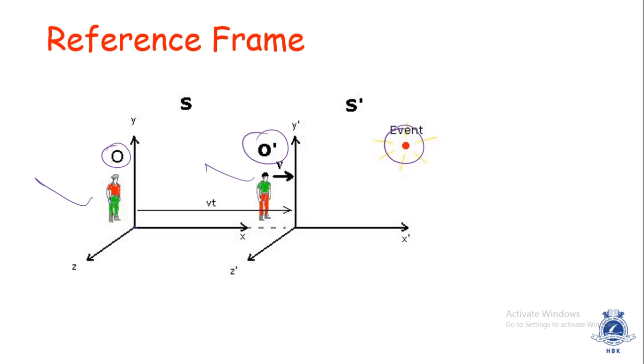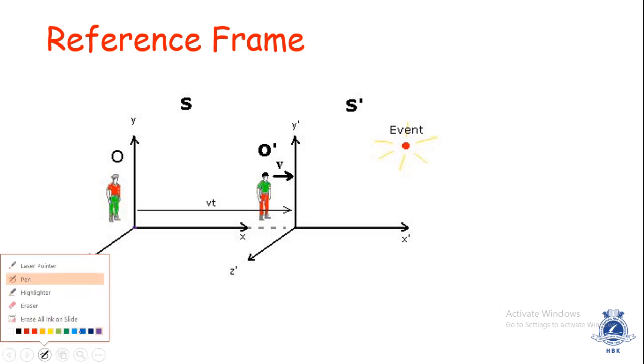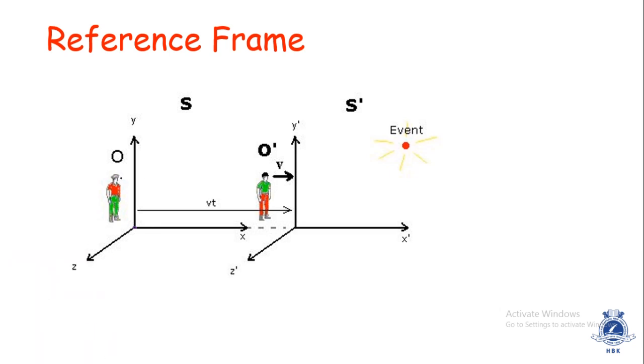When these two observers observe that event, both observers will have a different view of that event. For example, for the observer which is at O, the event is taking place at somewhat this much distance away.